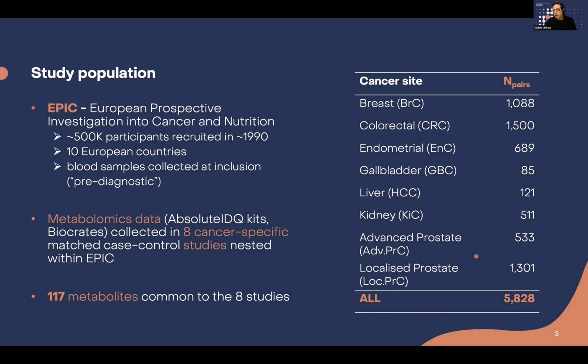And so overall, we analyzed data from about 6,000 matched case-control pairs. And in this analysis, we focused on the 117 metabolites that were common to these 8 studies.